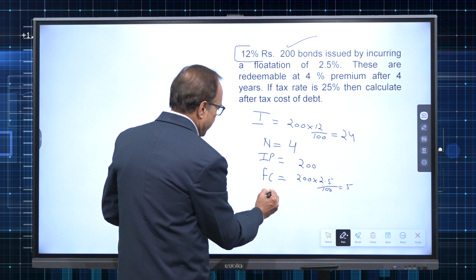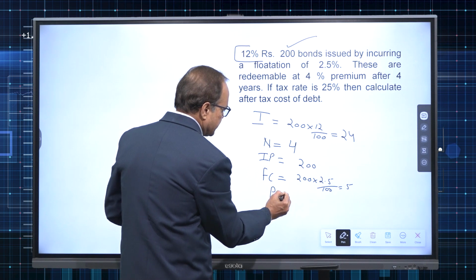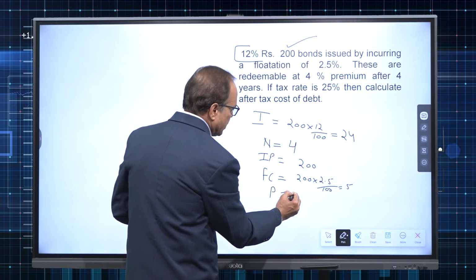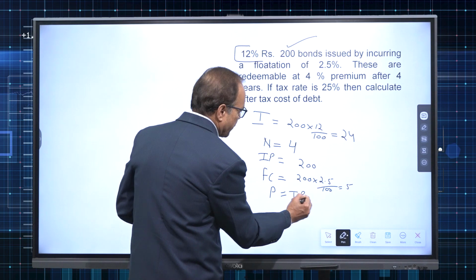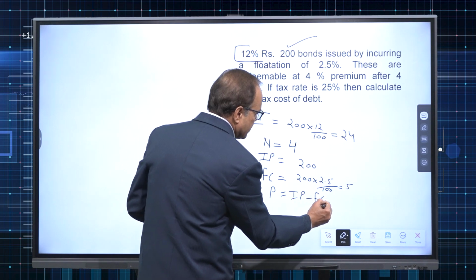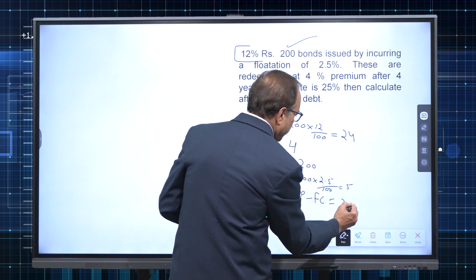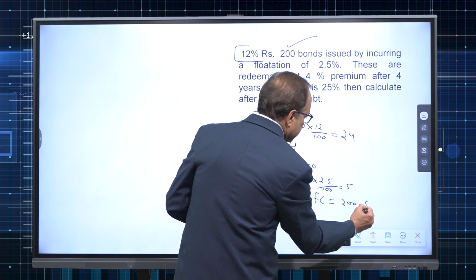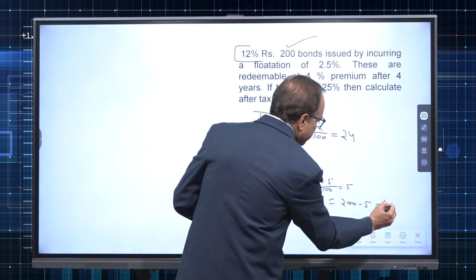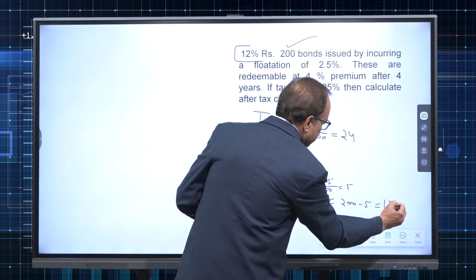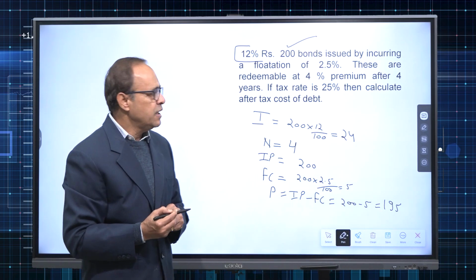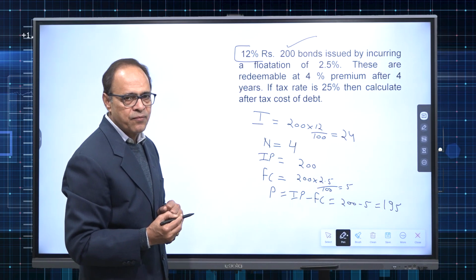That means net issue proceeds symbolized as P is equal to issue price minus flotation cost. So that makes it 200 minus 5. So how much company will get by issuing these bonds or debentures is 195.